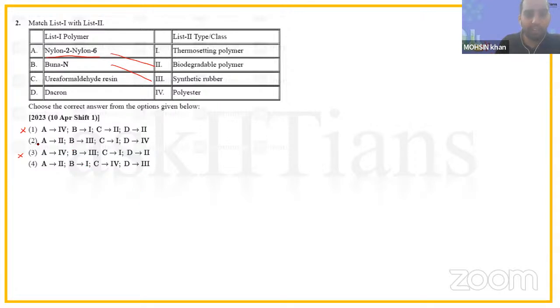So now we have got the answer, because in the second and fourth options we have B-S-3 and in the first we have B-S-1, but we will confirm it. Urea formaldehyde resin is a thermosetting polymer. Dacron is polyester.